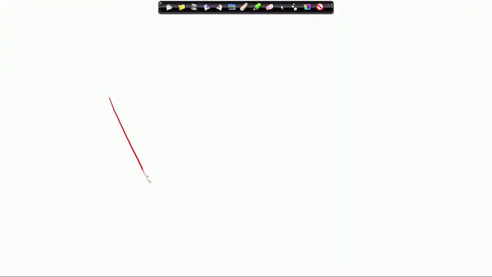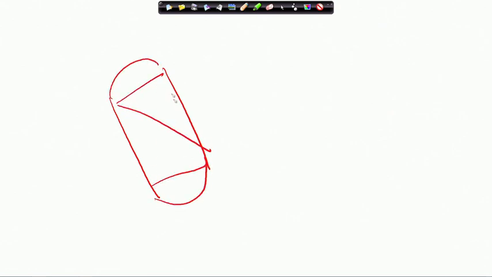Suppose this is a column, and inside this column we have some kind of solid matrix. As an example, we can use coconut coir. Coconut coir is a fine fiber.